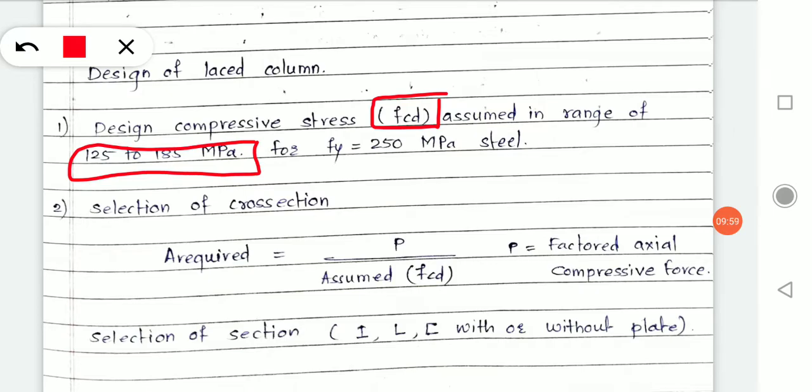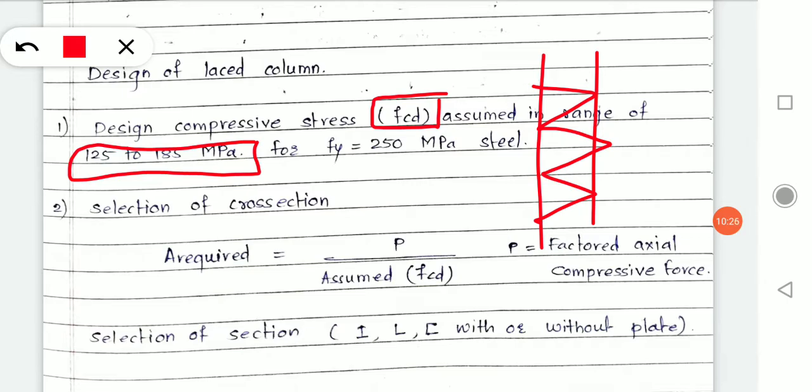All right, so the range for laced column. The laced column means what? The column which is provided with stiffening plates like this, which laterally support our section, avoid lateral deformation, as well as help us to combine two different sections, and help us to carry a heavy load.